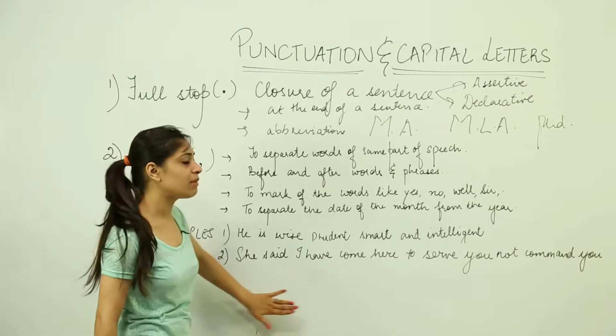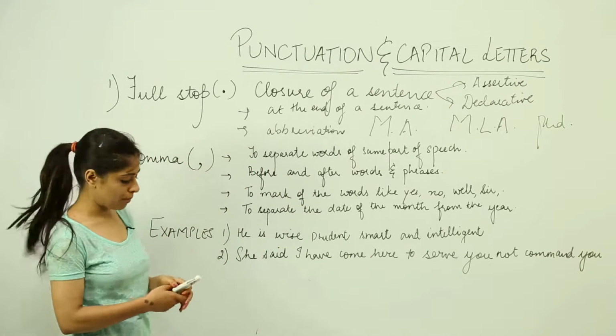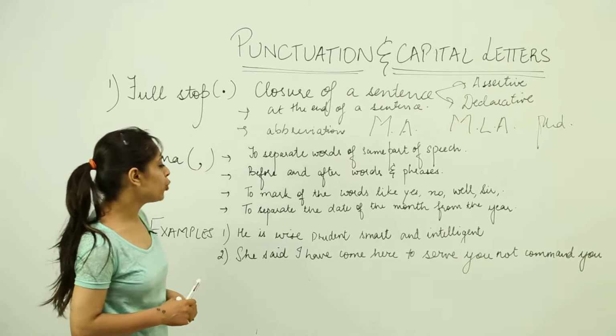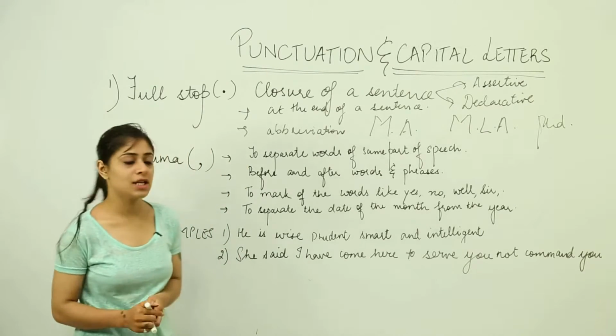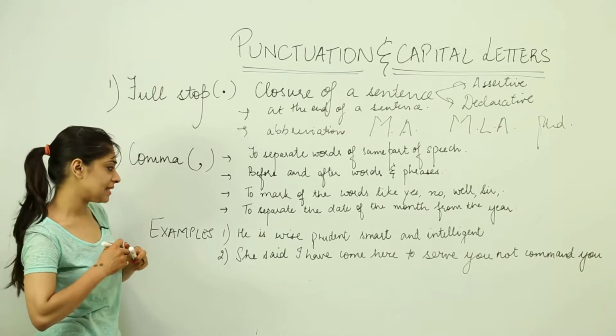Let's see how we can punctuate these two sentences with a full stop and a comma. The sentence goes like, he is wise, prudent, smart and intelligent. So we can see that there are no punctuations in this sentence.